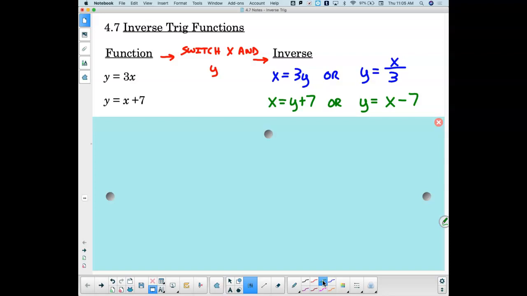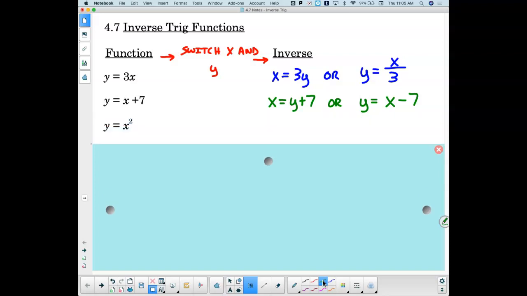Okay. If I had a quadratic function, y equals x squared, I would flippity-floppity, and I would have x equals y squared.